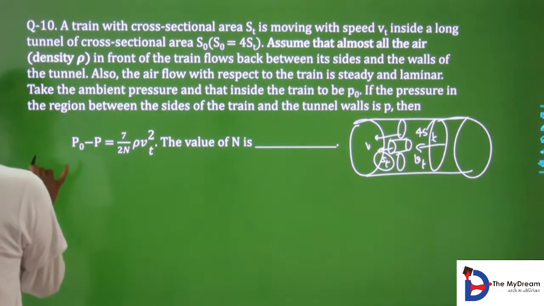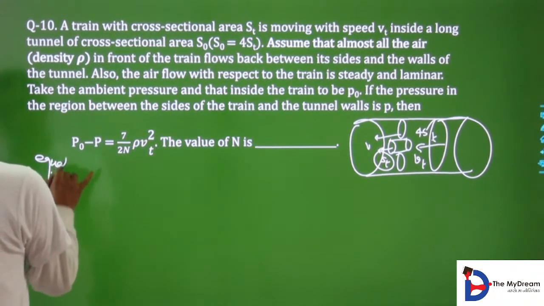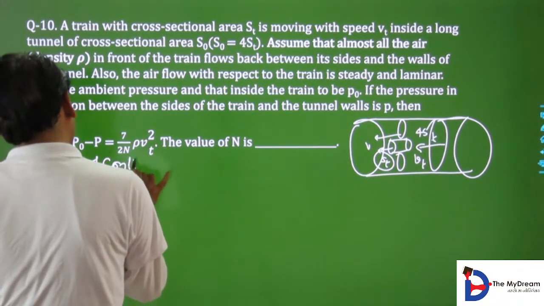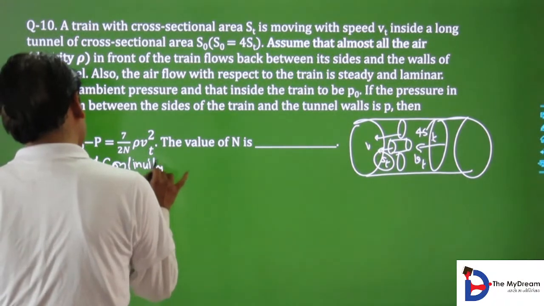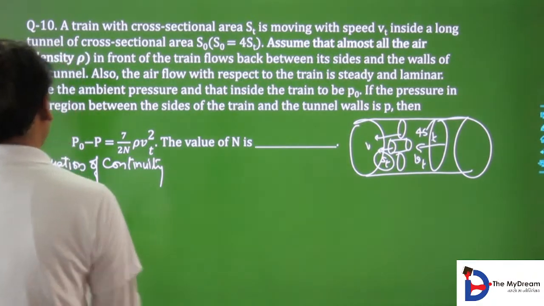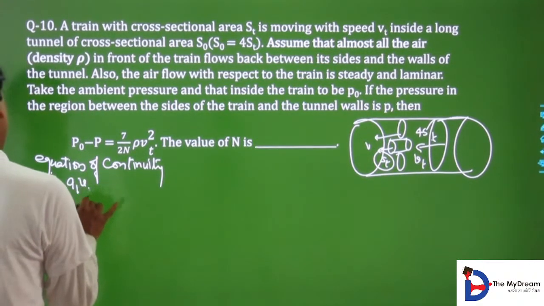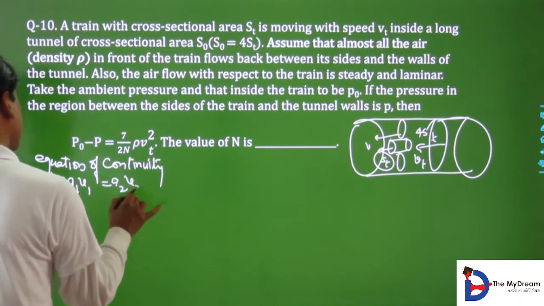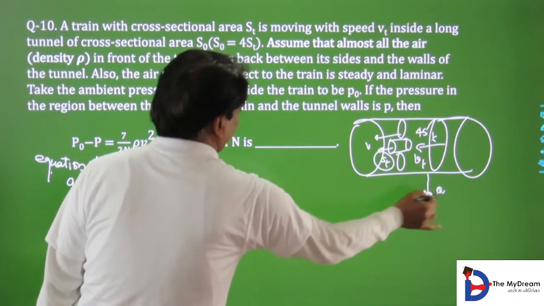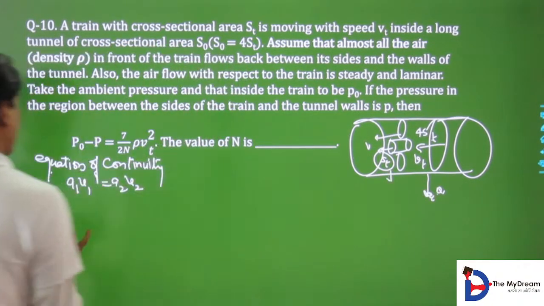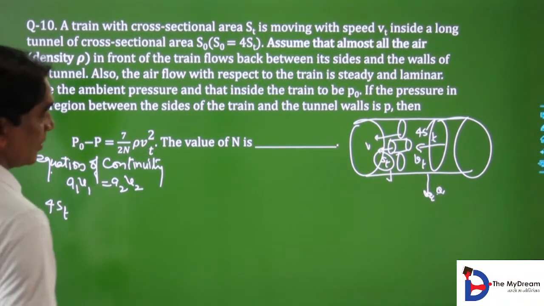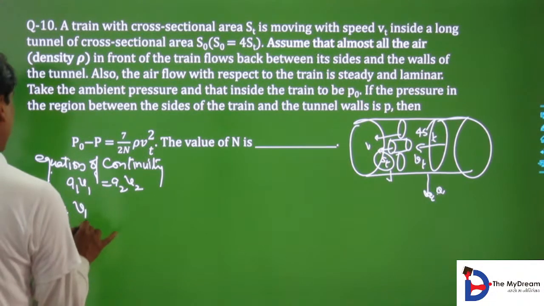So according to the equation of continuity, A1 V1 is equal to A2 V2. This is A1 V1, this is A2 V2. So the area is 4St and V1 is v.